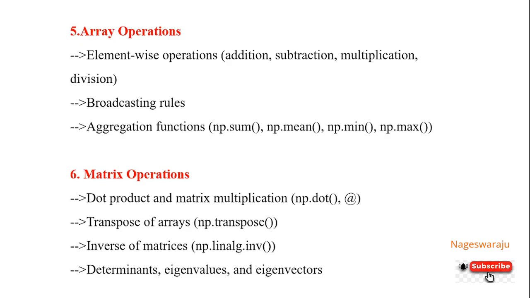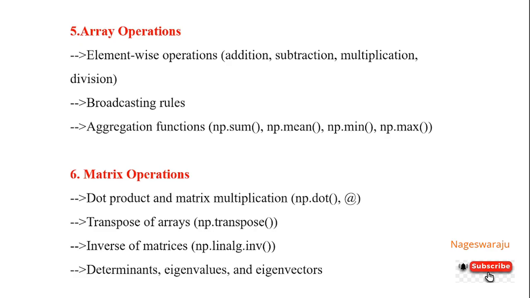Aggregation functions include min, max, and sum. These are the methods for the aggregation process. Next, matrix operation. A matrix indicates rows and columns. Here, the dot operator: what does the dot operator mean? Here we multiply the particular matrices.